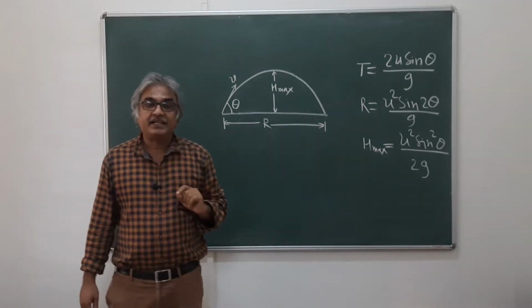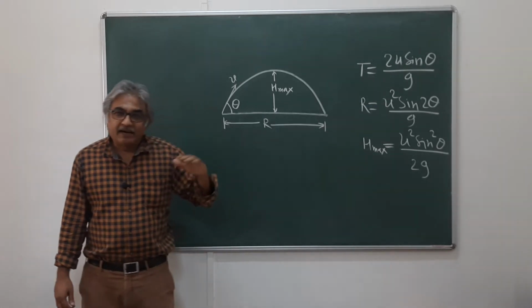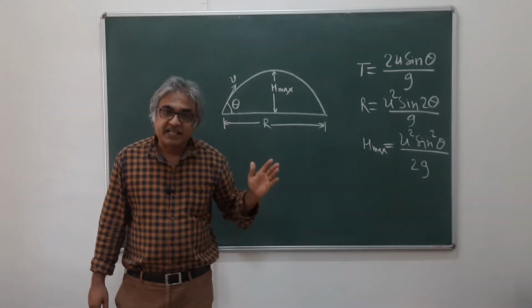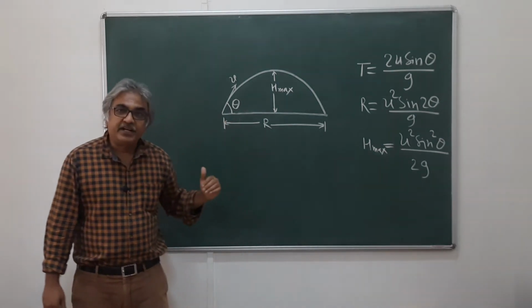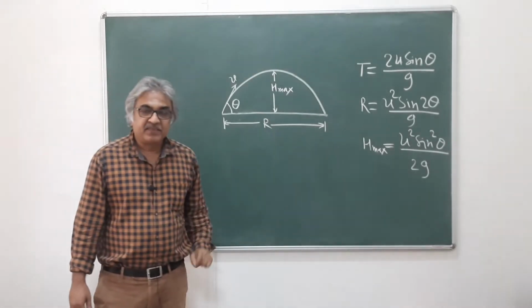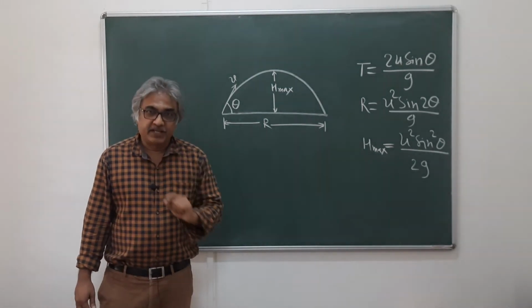Now this point I should have stated or emphasized in the previous lecture, which I didn't do, but I do it now. Remember this, right? Okay, now there is one more formula that we need to derive.